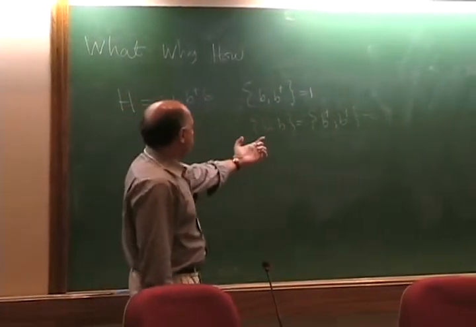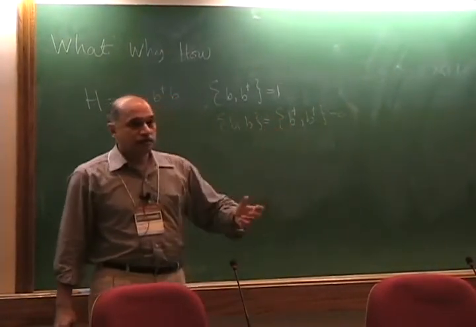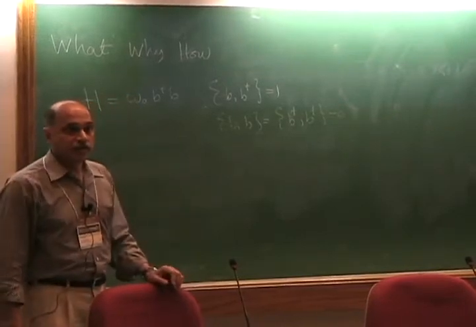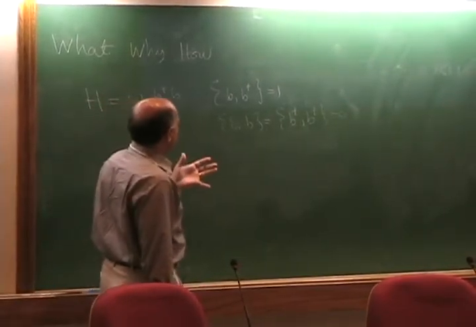This anti-commutator is just B squared plus B squared, which is 0, and that's the Pauli principle that makes sure that the harmonic oscillator cannot be doubly occupied.